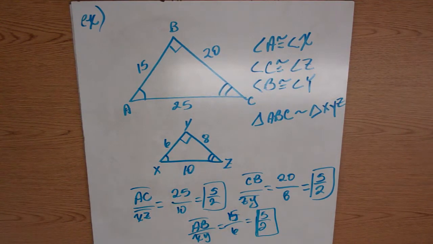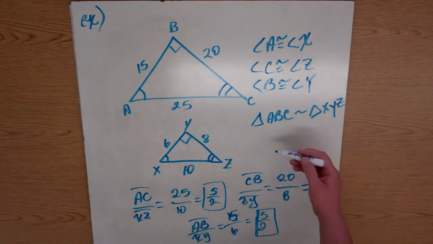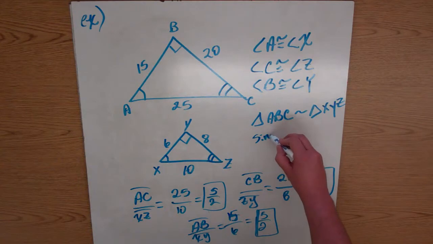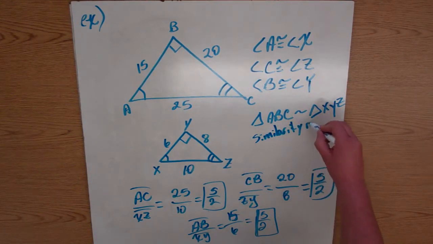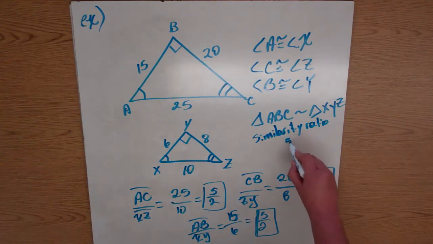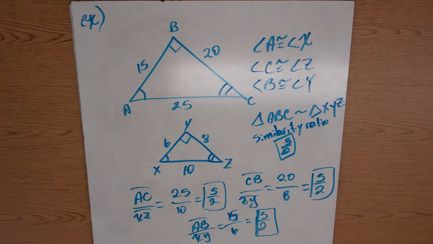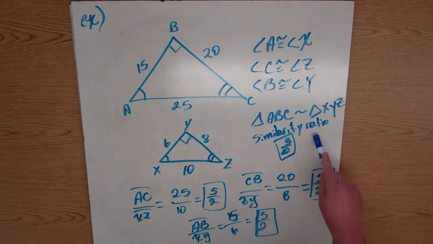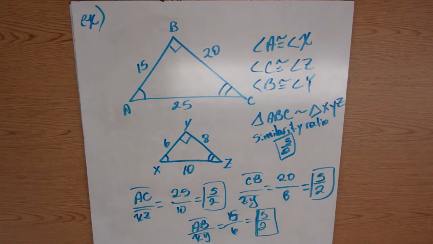So therefore, this is our similarity statement right here, and our similarity ratio of the two triangles is 5/2. You can either call it similarity ratio or use the vocab word scale factor. The similarity ratio or scale factor between these two triangles is 5/2.